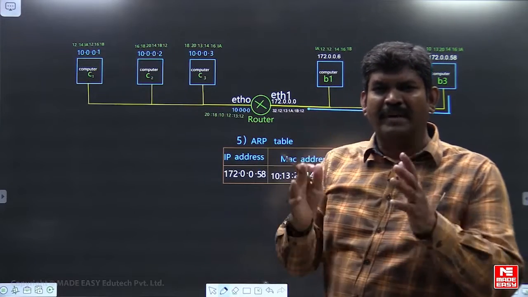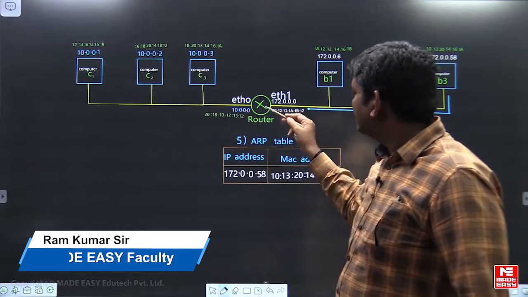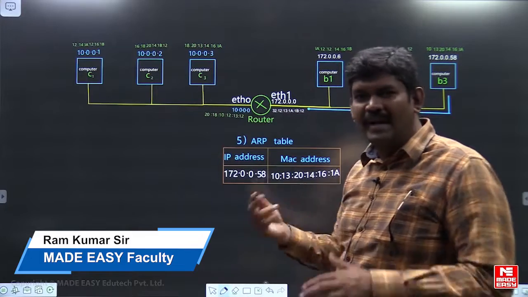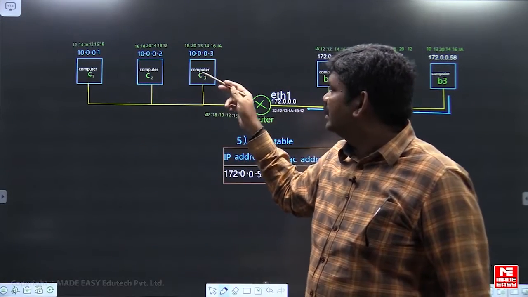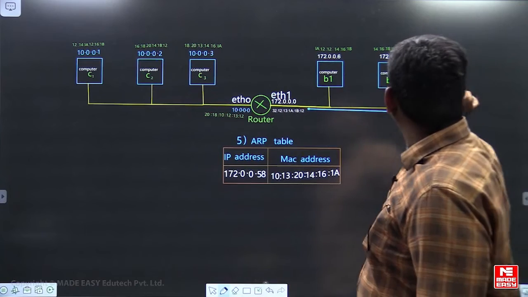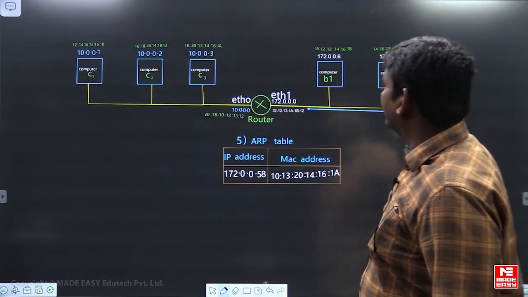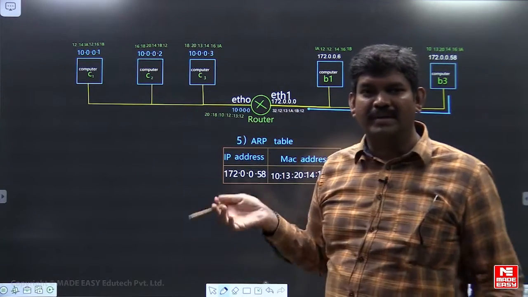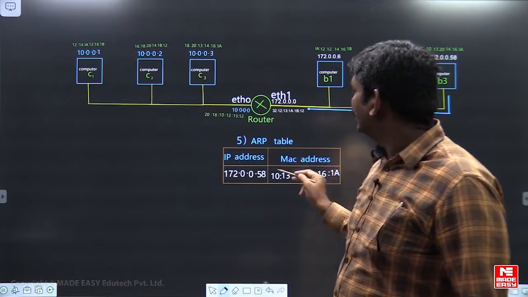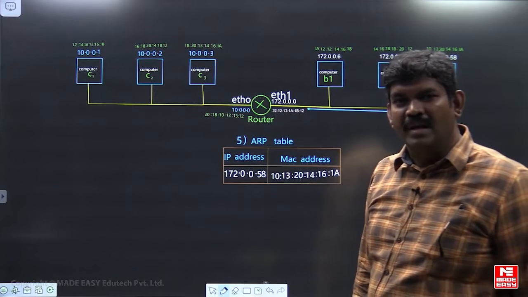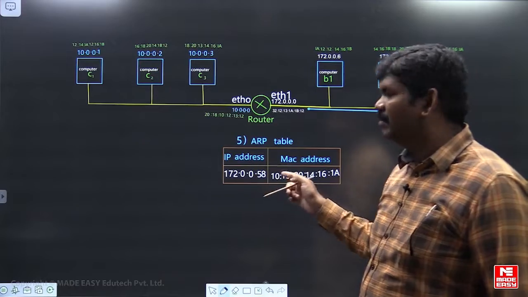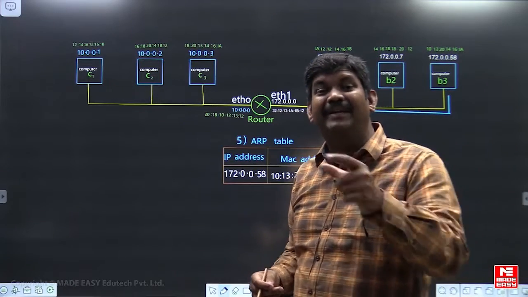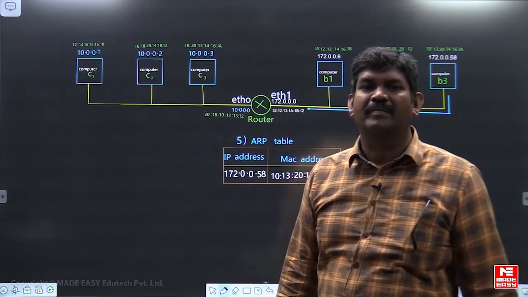Now a very interesting point is this table. Why does the router have this ARP table? Next time, when C1, C2, C3 want to send data to 172.0.0.58, do we require to do all these calculations? No, this MAC is directly available at this router. So this is the ARP table entry, one single row you got.